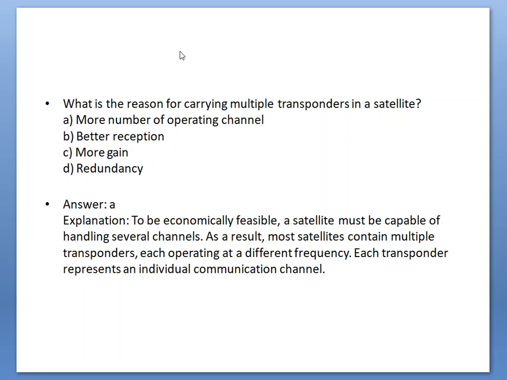Each transponder represents an individual communication channel. Each transponder is allocated one defined frequency, so in order to carry more operating channels, we need more transponders in the satellite.